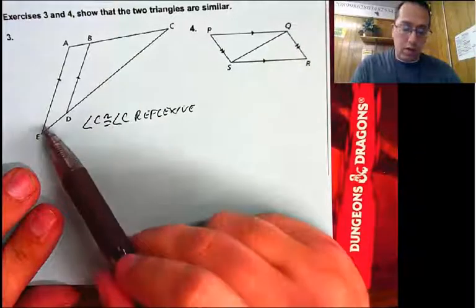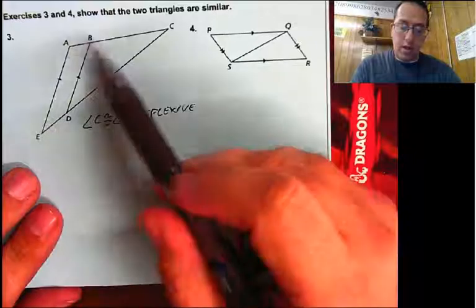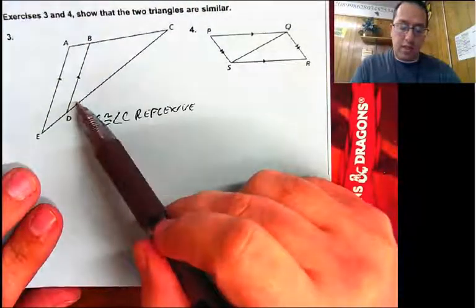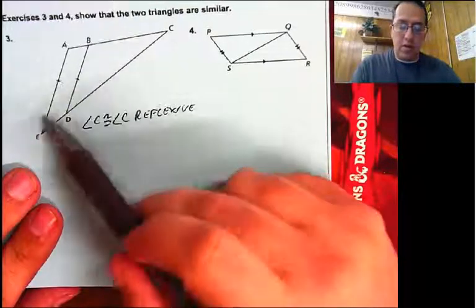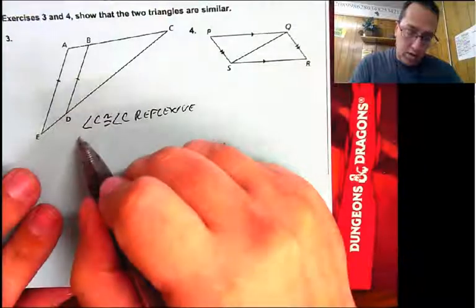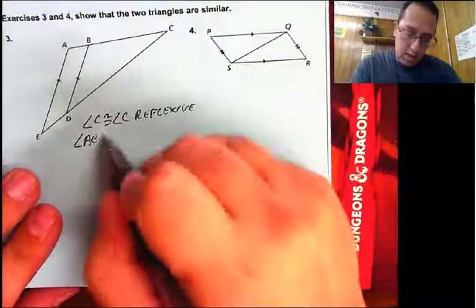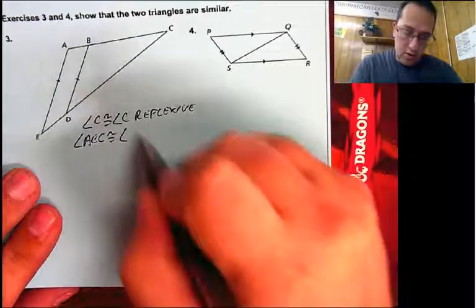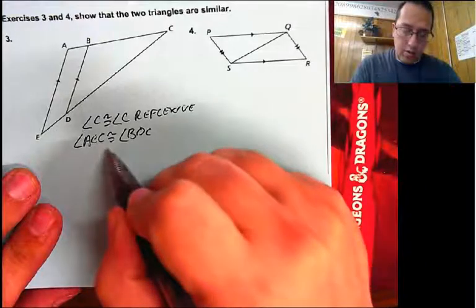And if those are parallel, then angle AEB and angle BDC are corresponding angles, right? And if the lines are parallel, the corresponding angles will be congruent. So that means that angle E is congruent to angle BDC by the corresponding angles theorem.